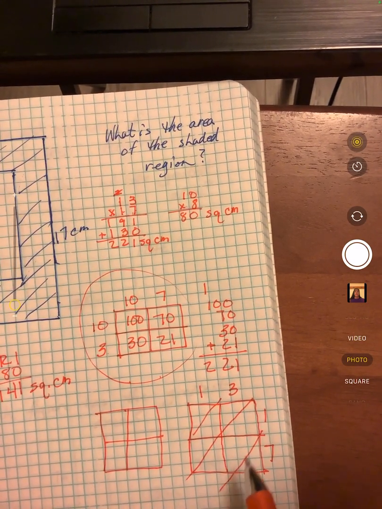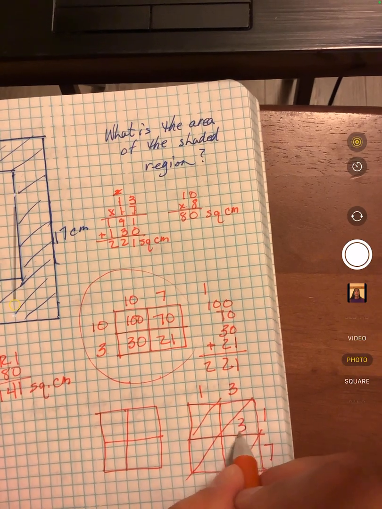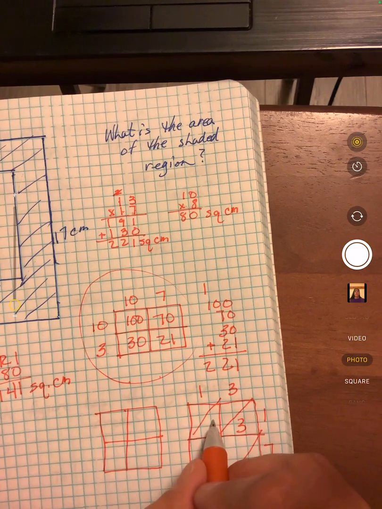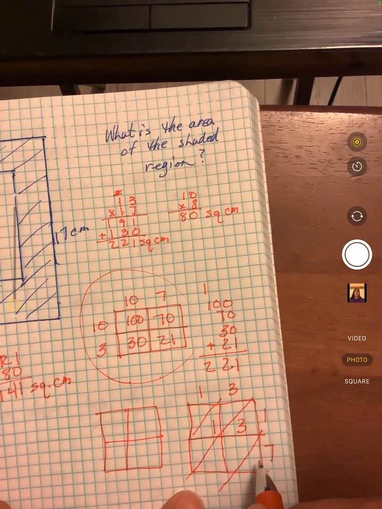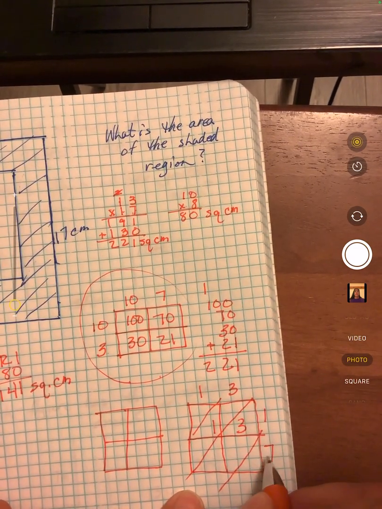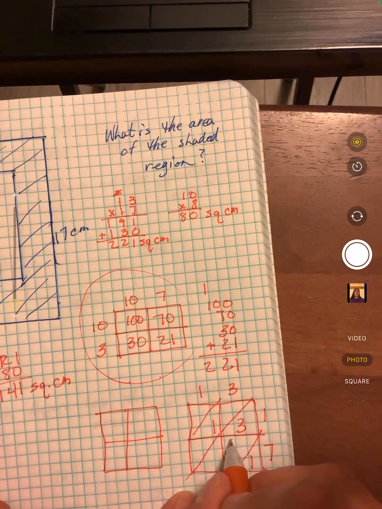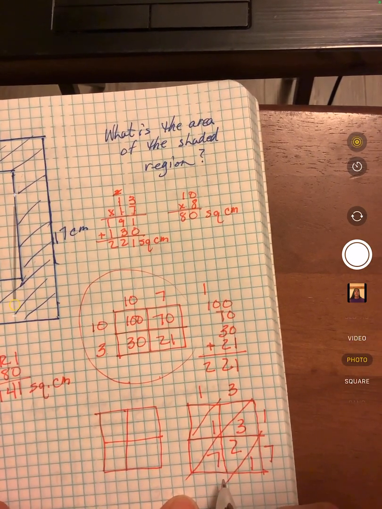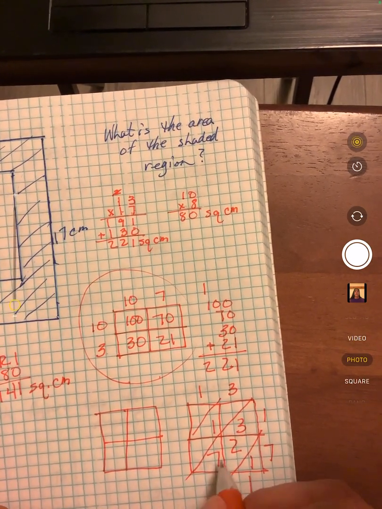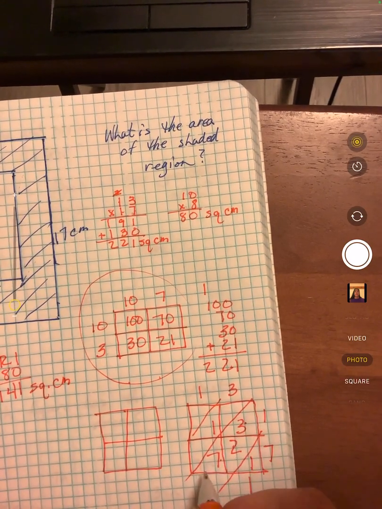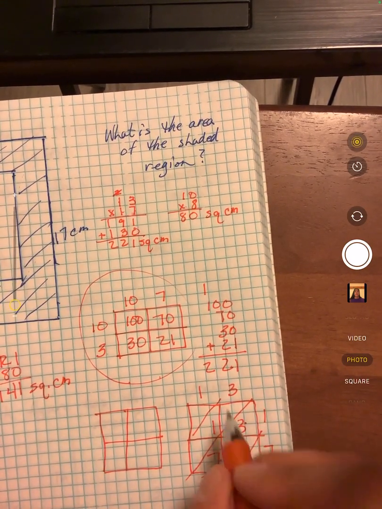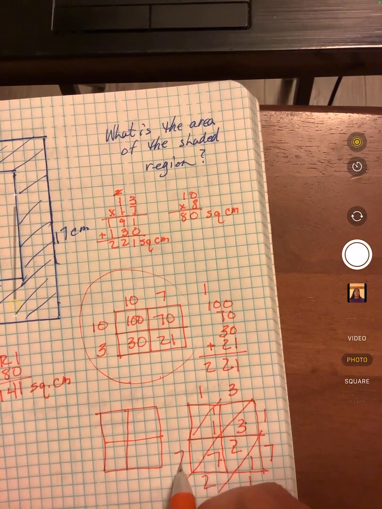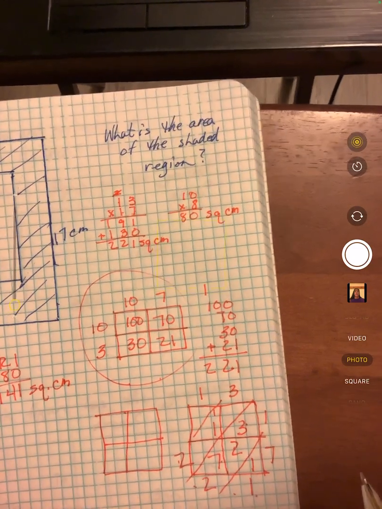I forgot how to do this one now. 1 times 3, 1 times 1, 7 times 3 is 21, 7 times 1 is 7, so this would be 1, 7 plus 2 plus 3 is 12, you carry the 1, and that would be 2, so we get the 221.